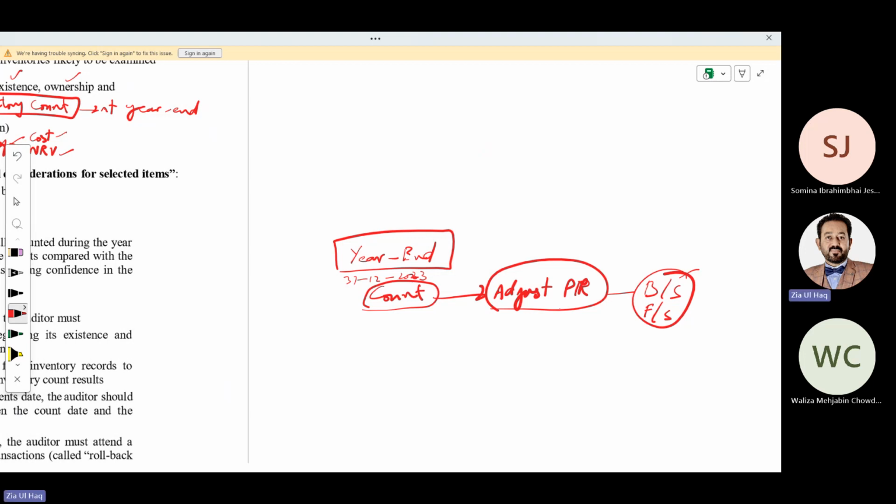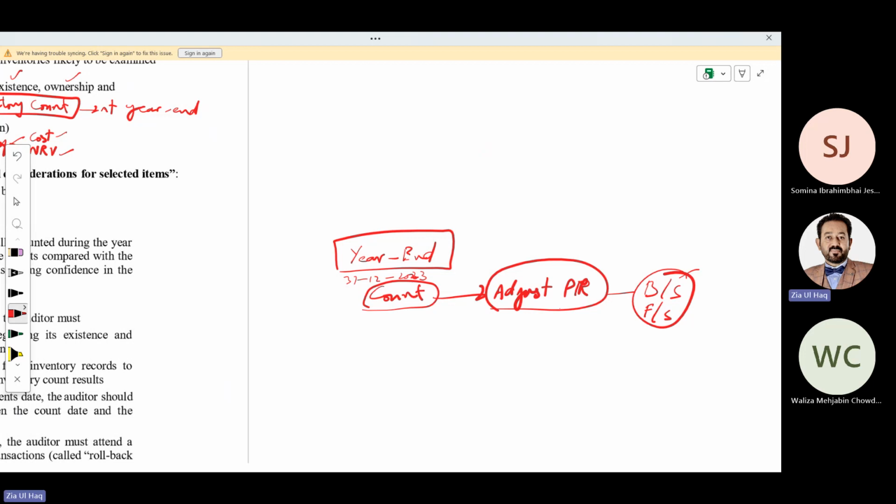The best approach is that they perform a count, then value inventory and state the balance in the balance sheet. But the PIR balance is also acceptable if the client's control system is strong. Meaning if on a monthly basis they perform a count and update the PIR, and at year end they copy and paste the PIR balance to the balance sheet, that is also acceptable. But if their control system is weak, then the balance from PIR to the balance sheet is not acceptable.